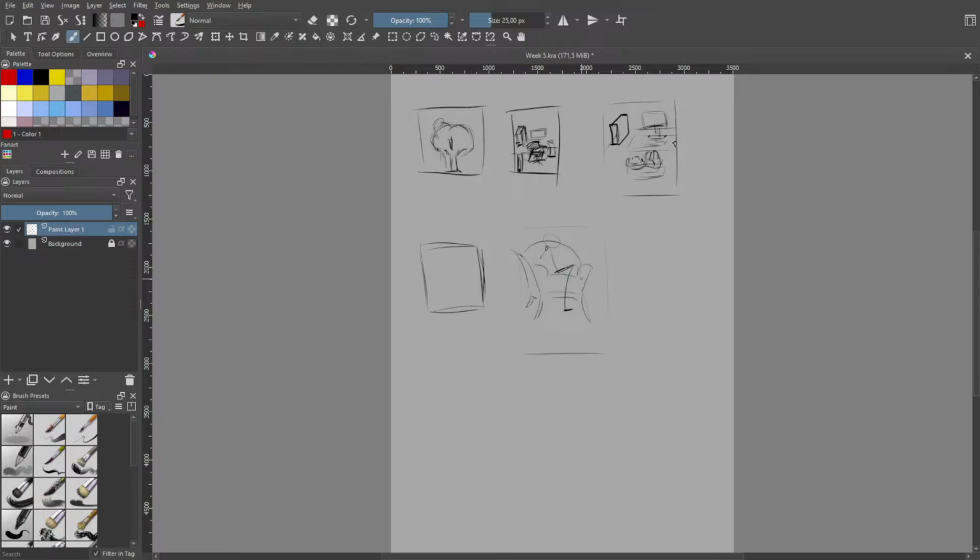But how do I draw the other leg? What the hell? Wait. Wait, what am I doing?